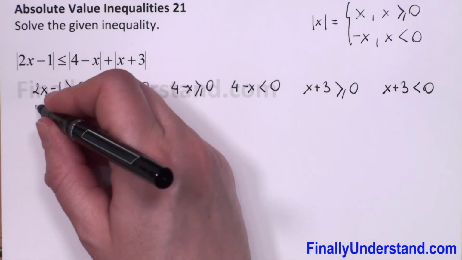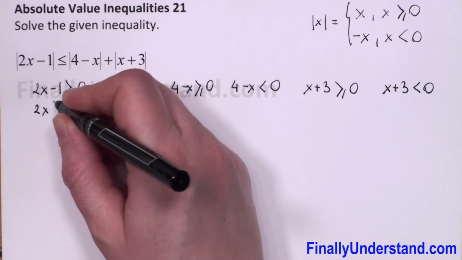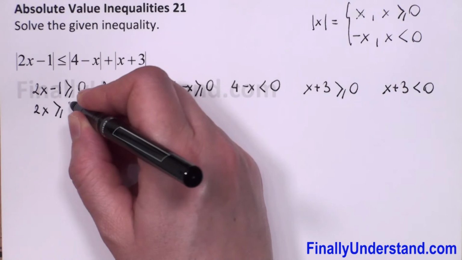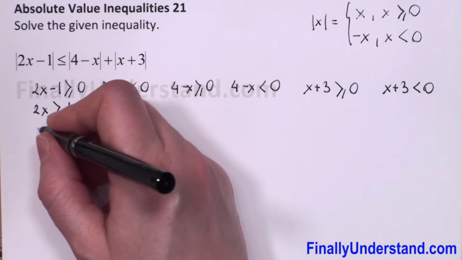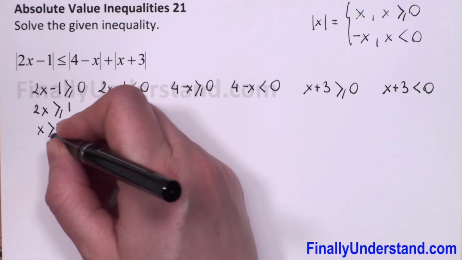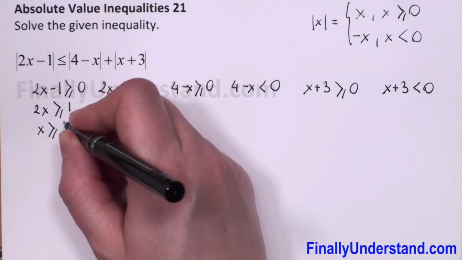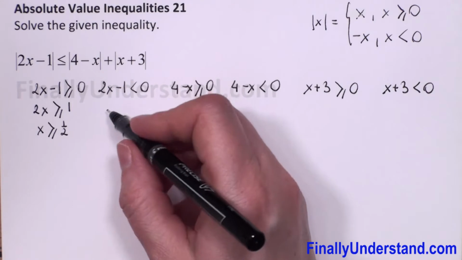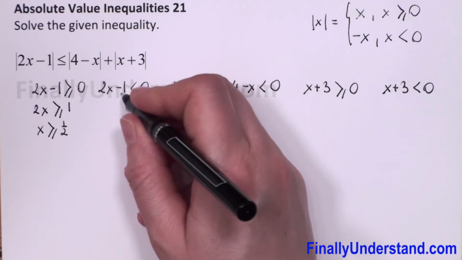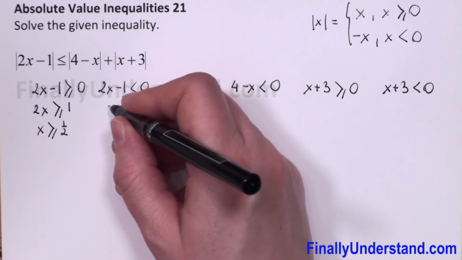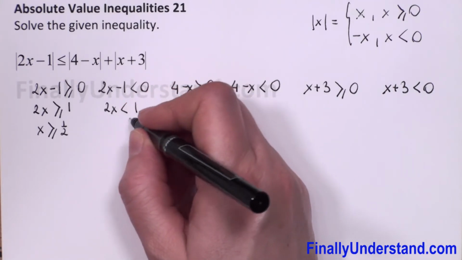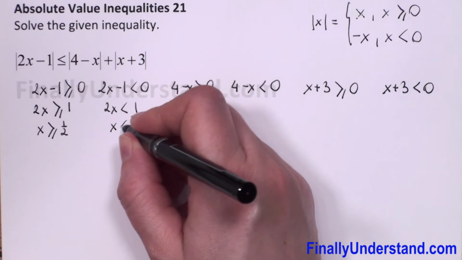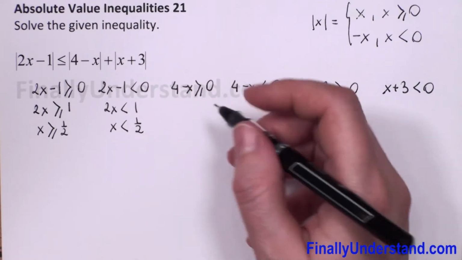So we have 2x is greater than or equal to 1. I will divide both sides by 2, so we will have x is greater than or equal to 1/2. The same here, I will move negative 1 to the right side, so we have 2x is less than 1. I will divide both sides by 2, so x is less than 1/2.